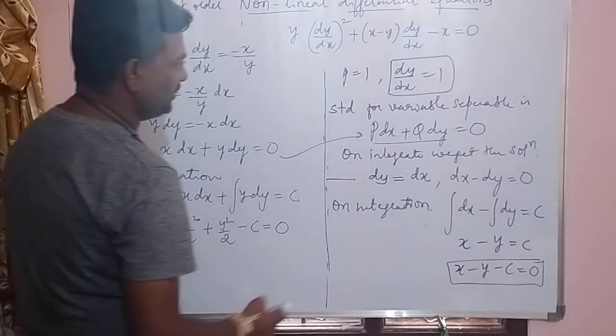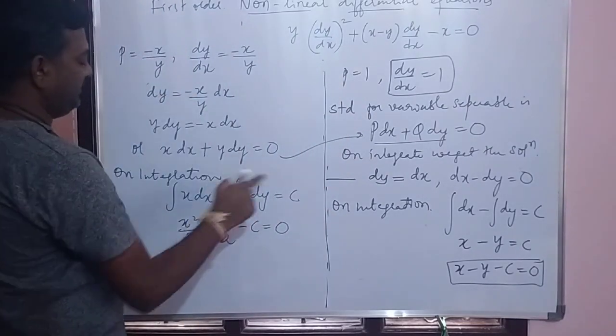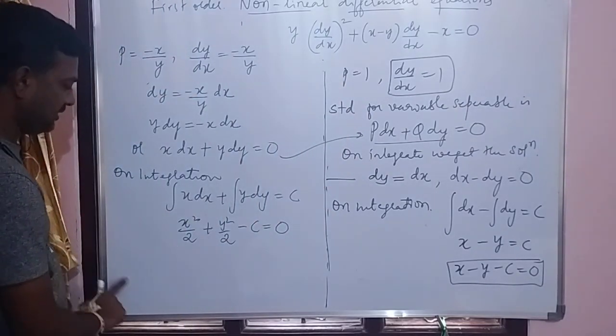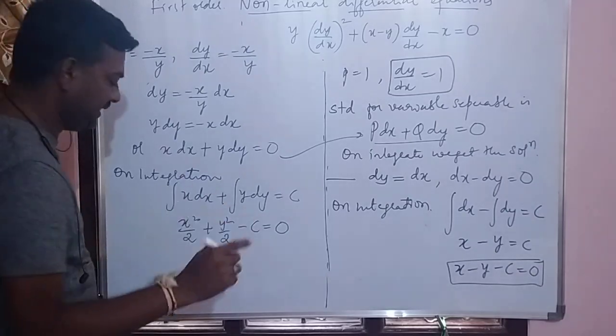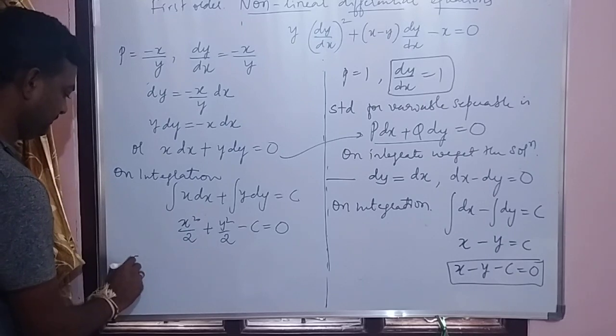So we have got the solution for the first equation as well as the second equation. So the general solution for solvable for p is the product of these two solutions.